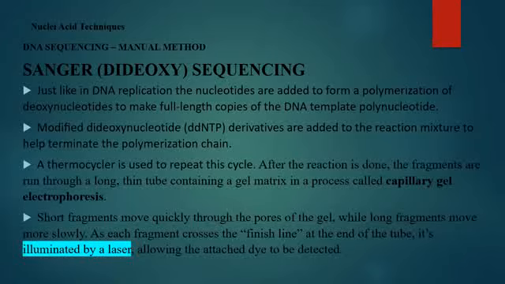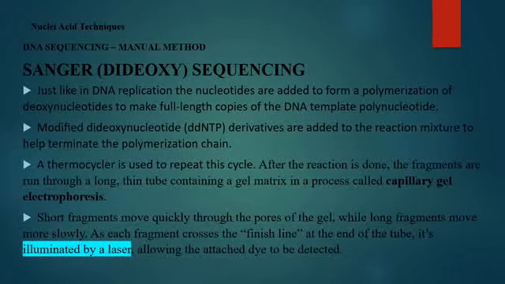So after the reaction is done, the fragments are run through a long thin tube containing a gel matrix in a process called capillary gel electrophoresis. So you are doing electrophoresis, but this one is a capillary with a gel, and it's a long tube. So you run your fragments through this one.